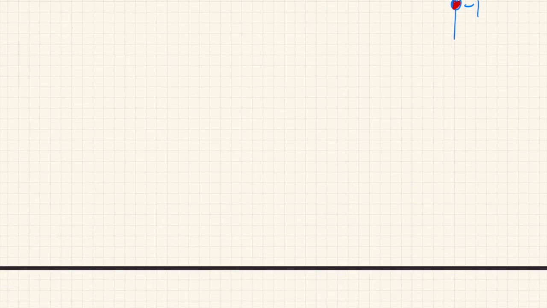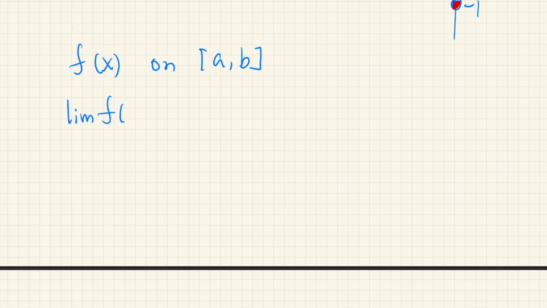By the way, there is an exception about the continuity of a function when a function is defined on a closed interval. And continuity at these endpoints are defined by either right limit or left limit. For example, in this case, the continuity at x equal to a, a is the lower bound of this interval.